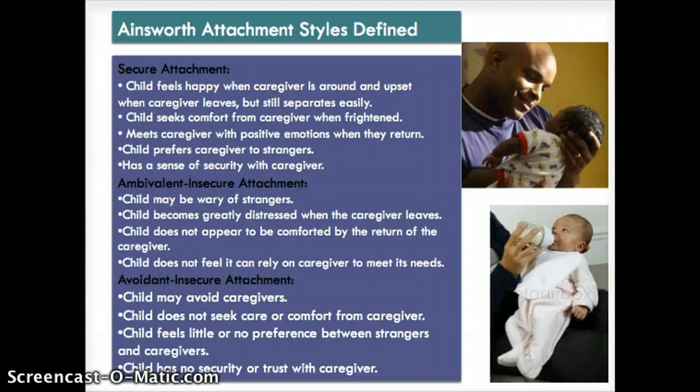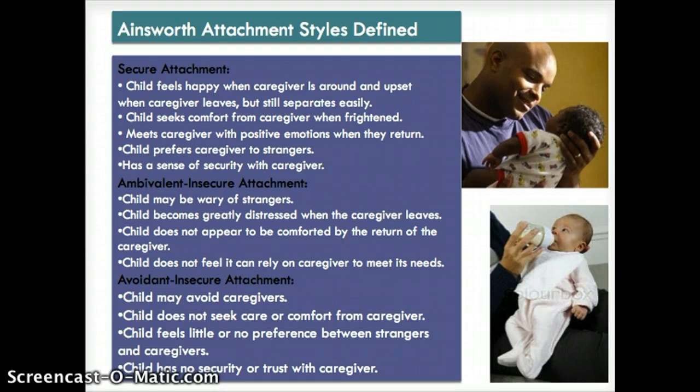According to Ainsworth's definitions of attachment styles, a securely attached child is one that feels happy when the caregiver is around. They may become upset when the caregiver leaves, but they separate easily knowing that their parent or caregiver will return, and they feel secure about that. A child seeks comfort from their caregiver when frightened if they are securely attached.